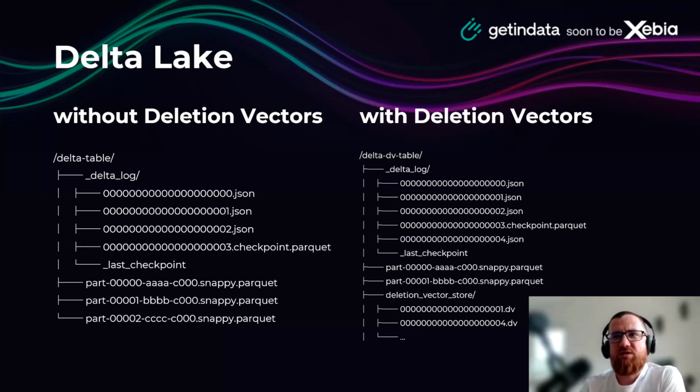And on the slide, I'm showing two examples with deletion vectors and without them. And those deletion vectors are quite an important concept that speeds up working with our Delta Lake tables in situations where the changes are quite small.